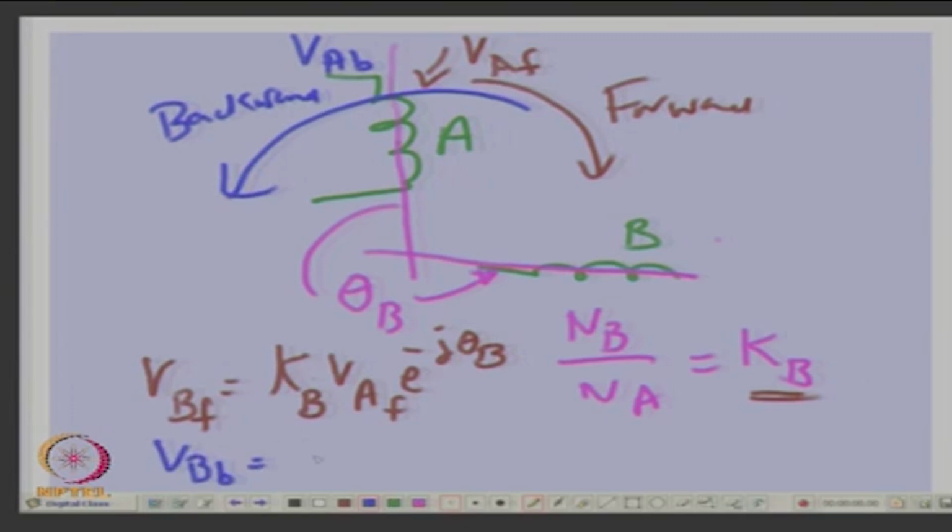It will be KB into VA backward e to the power of plus j theta B, because this backward field has touched B first and then A. This will happen for several windings, you can have 3 winding, 4 winding, 5 winding, etc. So, this is the basic logic on which the rotating field theory has been built.